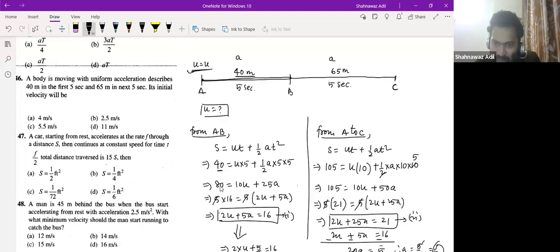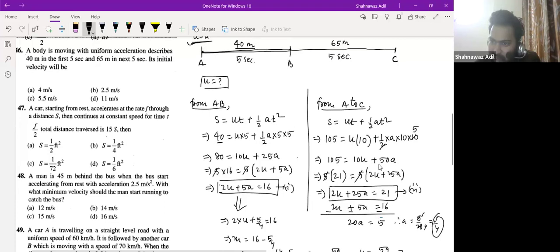So this is 16, that is correct. This is 2, and that is 5. So 2u plus 5a, that is 16, that is correct. And then we have 105, right? And then 10u plus 50a.